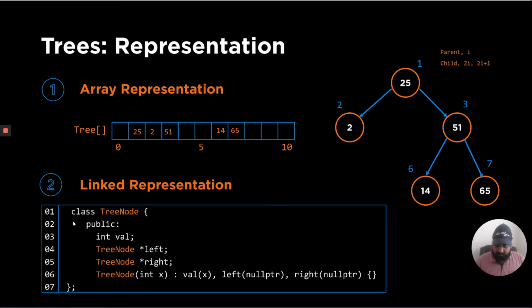Last time, we covered the second way, which was the linked representation. In this representation, we store pointers to left and right, and we do not waste any space. But now the overhead is that we are storing pointers to the left and right node apart from the values.